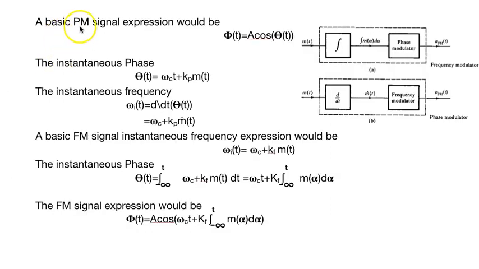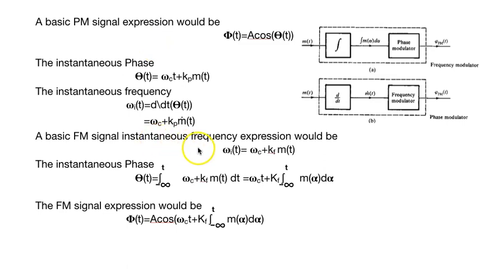A basic PM signal expression would be phi(t) equals A cos theta(t). The instantaneous phase in this relation will be omega_c t plus k_p m(t), and the instantaneous frequency can be calculated by differentiating the phase.